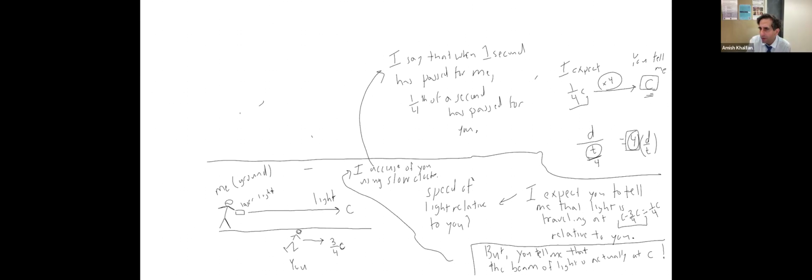If it helps, this d over t should be equal to what I expect, 1/4 c. But it's not. You're getting c, so there's a factor of 4 multiplying this, and that's where it's coming in. Is that okay?